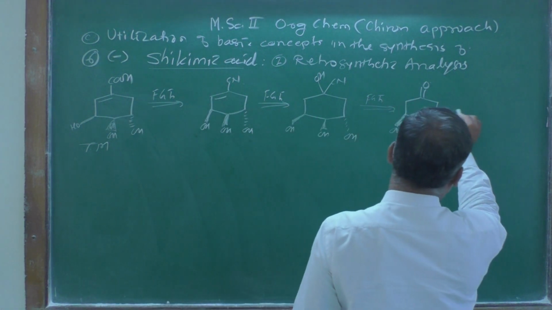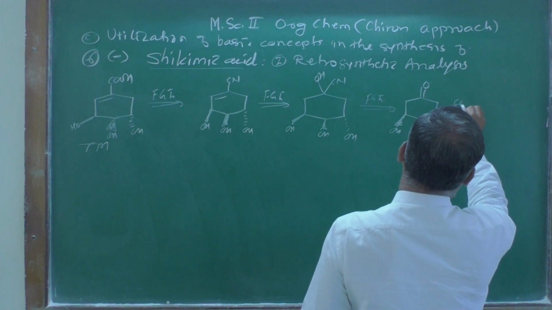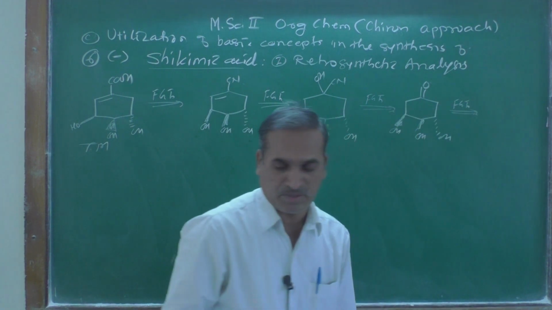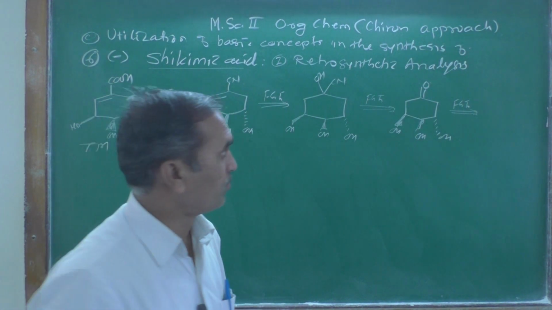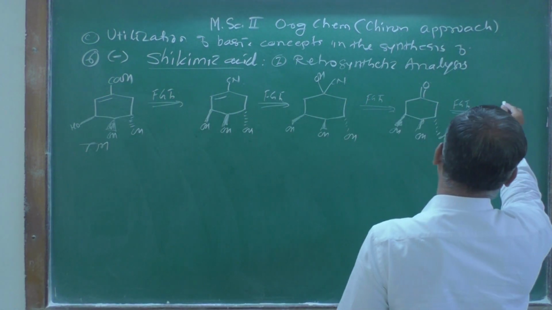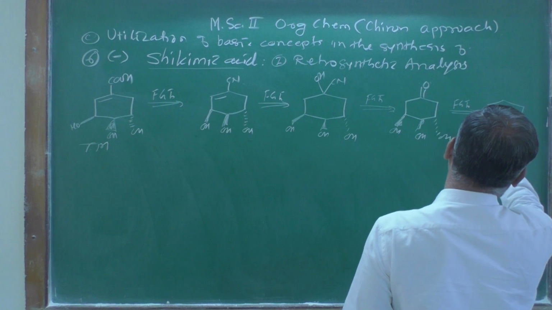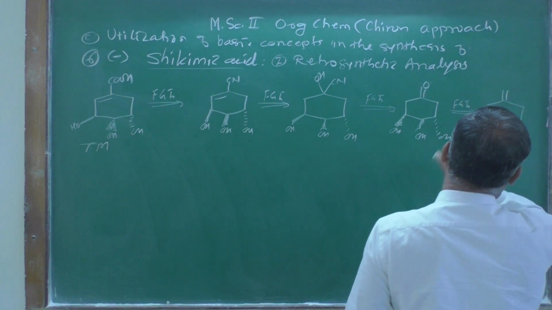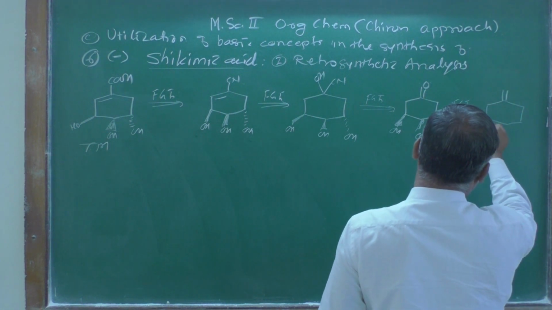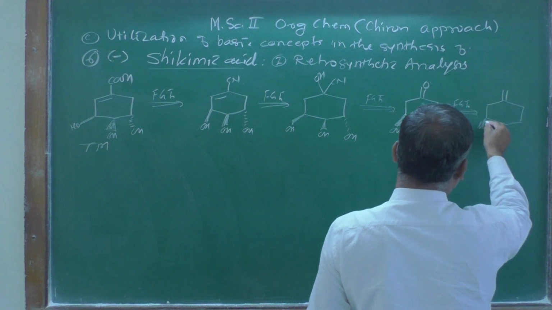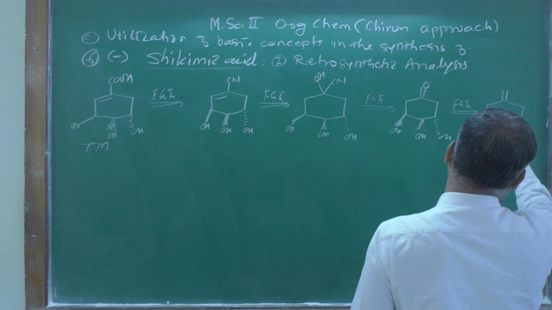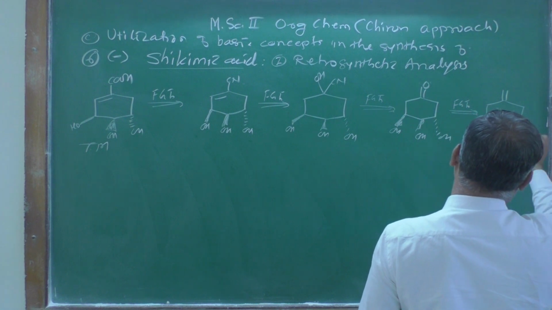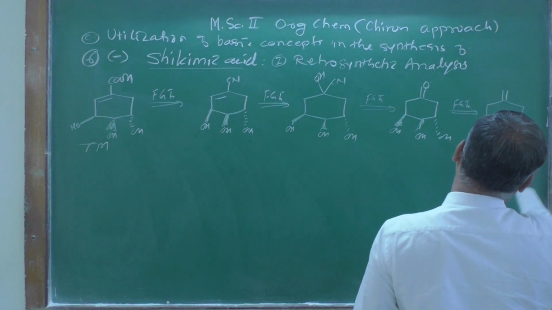After that you can again do an FGI. This group can be obtained from this one: if there is an exocyclic carbon-carbon double bond, we can bring it in using a Wittig approach, and therefore it is written there with OH, right?